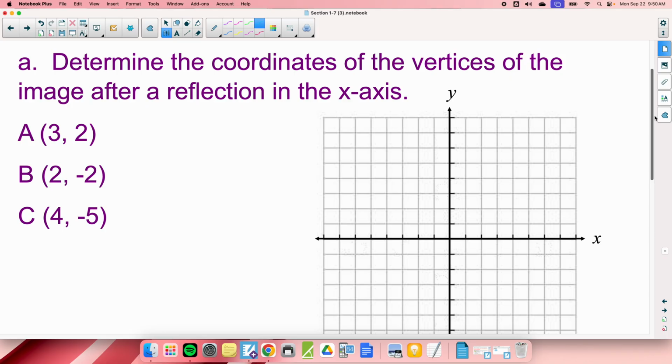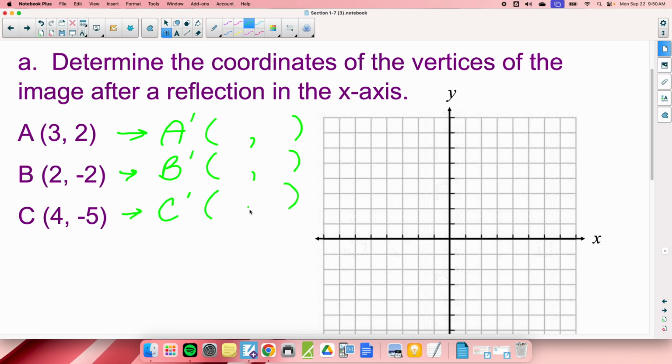Another thing I did not talk about yet is when you plot these, you're going to plot your original figure and your new figure. So if A is your first coordinate and you make a new A, they write A with an asterisk and it's called A prime. Then B would be called B prime, and C would be called C prime.